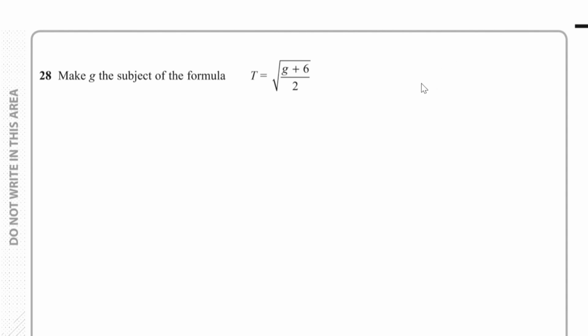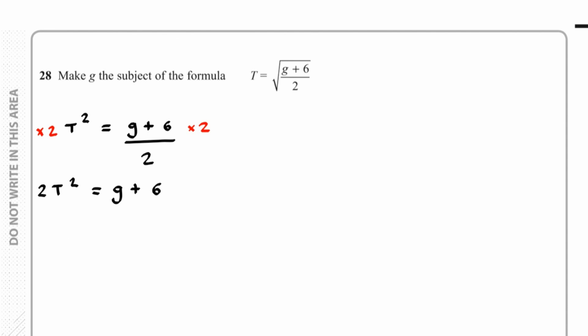Question number 28. We have to make g the subject of the formula t equals the square root of g plus 6 over 2. Well, if we square both sides, we will end up with t squared equals g plus 6 over 2. And now if I multiply both sides by 2, we are left with 2t squared equals g plus 6.